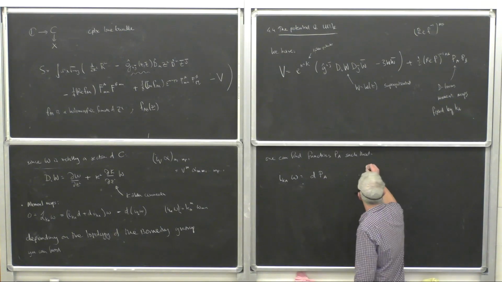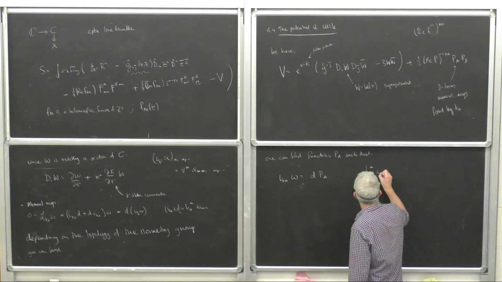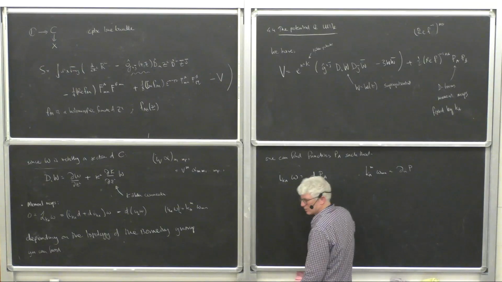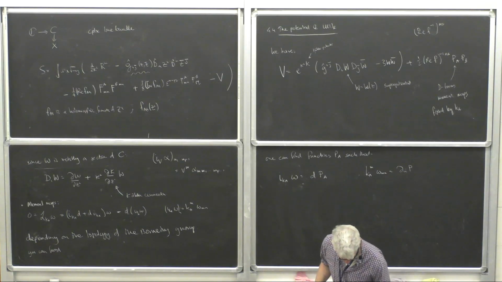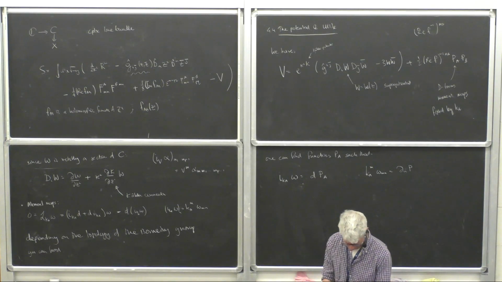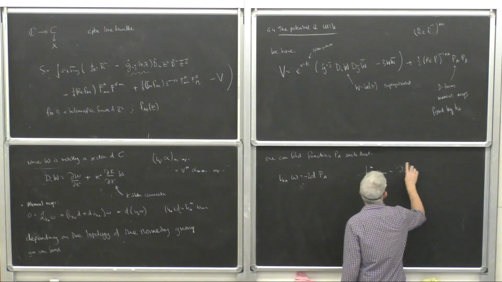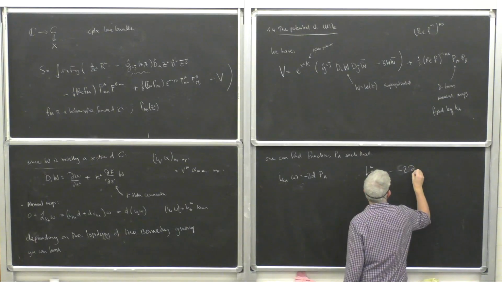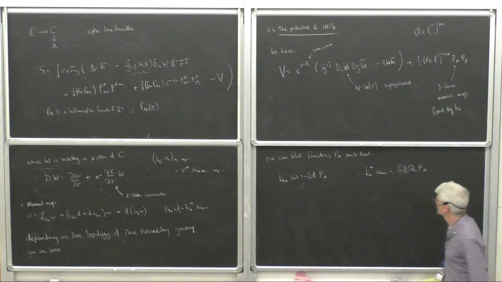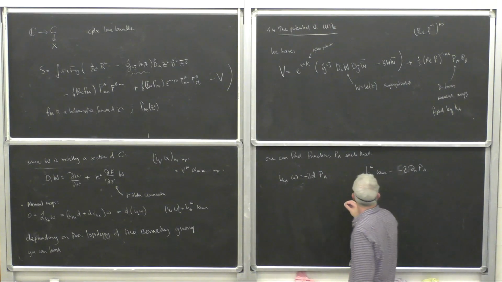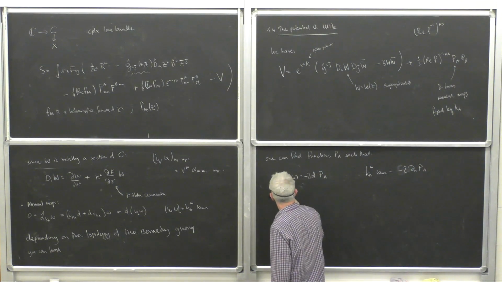Or if I write it in components, K_a^m omega_mn is just, actually I probably want a -2 here, so it's -2 d_n of some function. And these things, this P_a, are what are called a moment map.